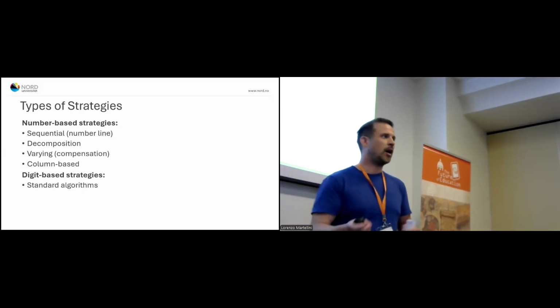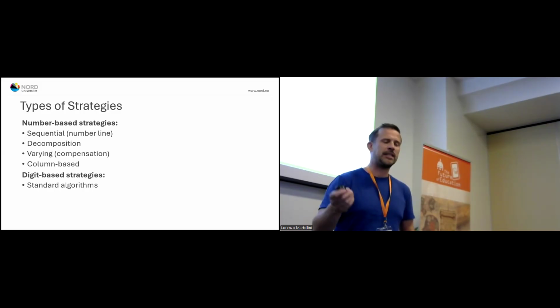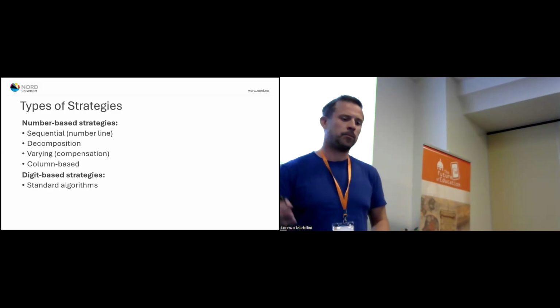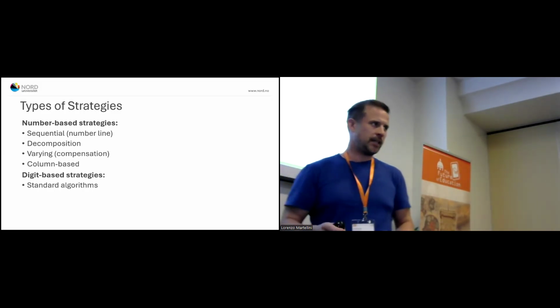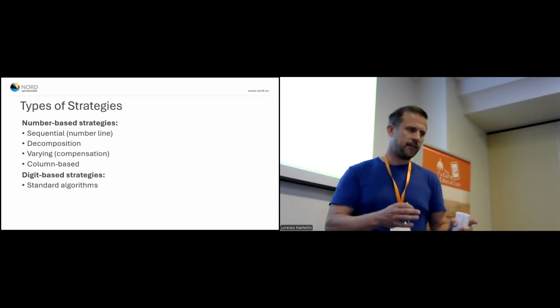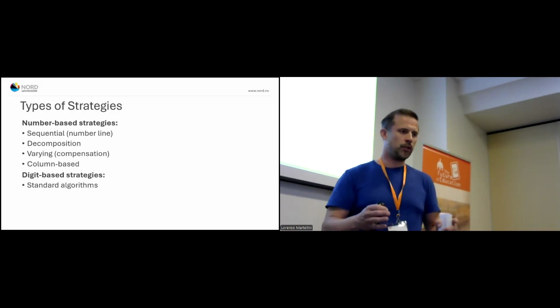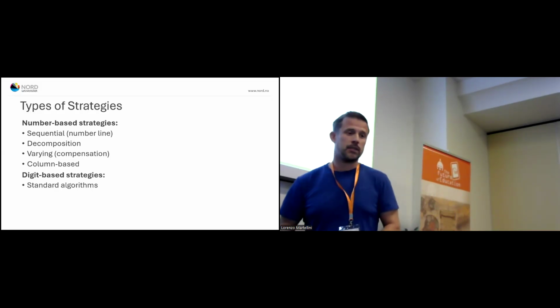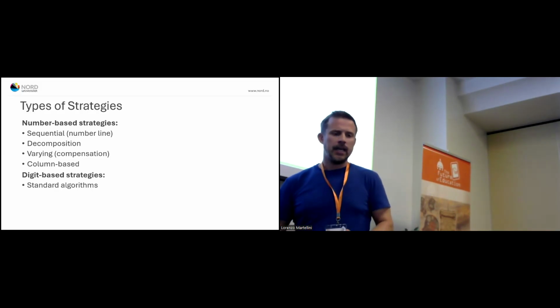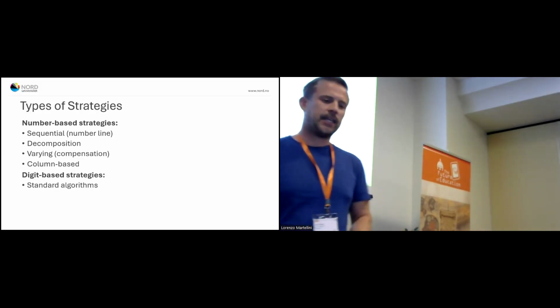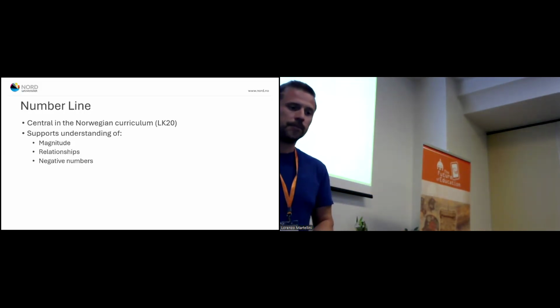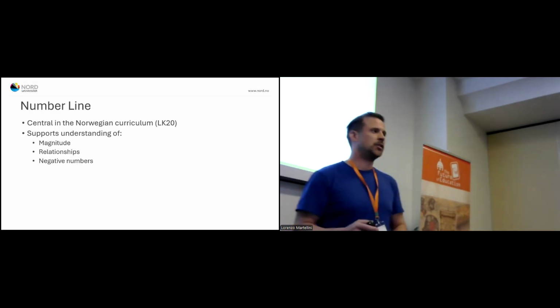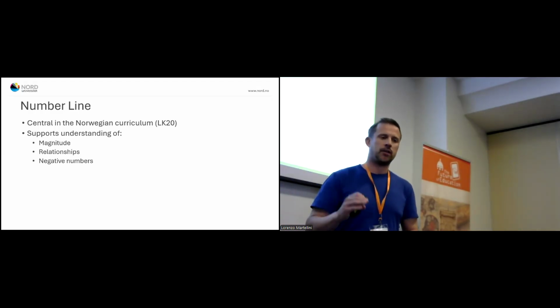And varying: that will compensate, if we are missing an amount, we can just round up a number, and we can turn numbers into tens and ones and hundreds and so on. And we have the standard algorithm that we all use. Addition is quite basic knowledge for all of us, but it is mentioned as a point in the Norwegian curriculum for first and second graders.